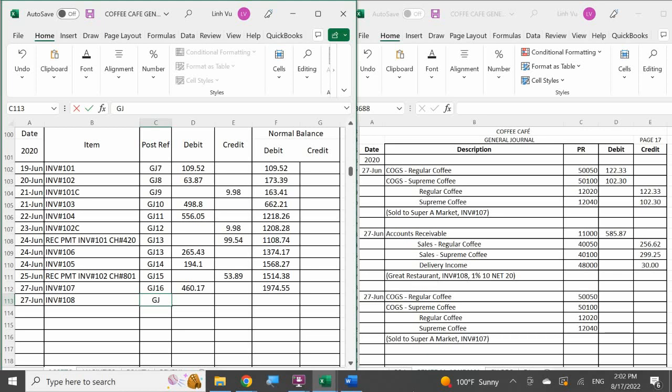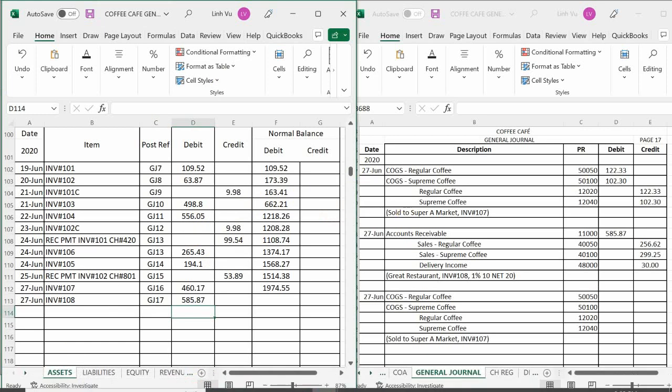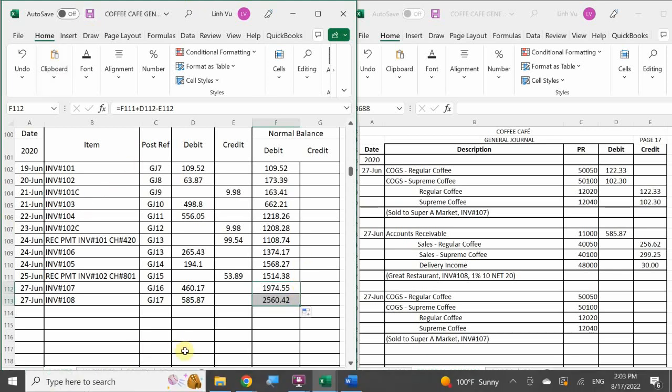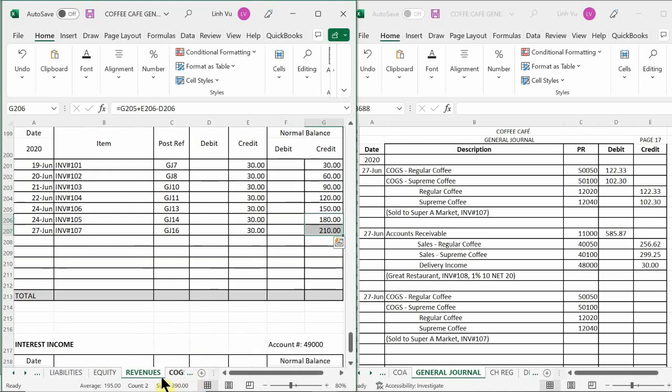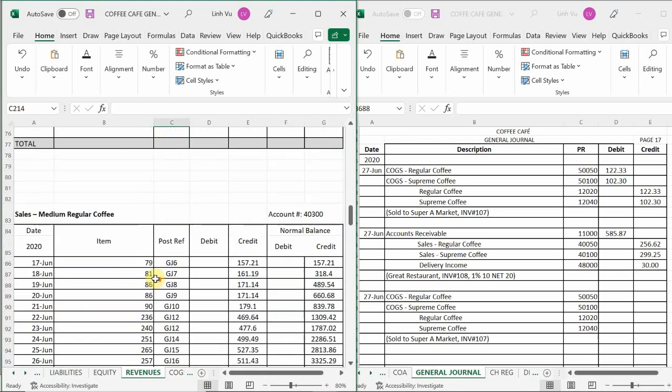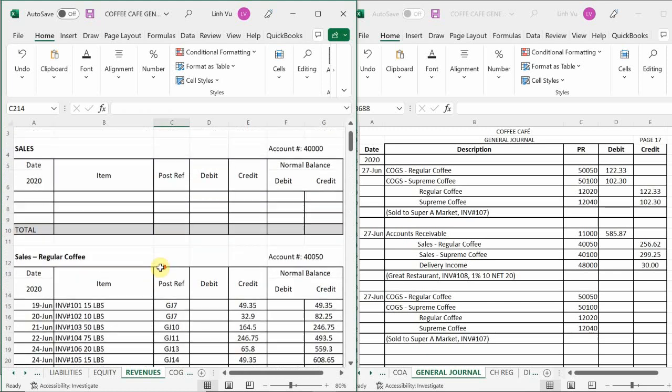And then total is 585.87. So grand total is $2,560.42. And then we go to the revenue for the sales.